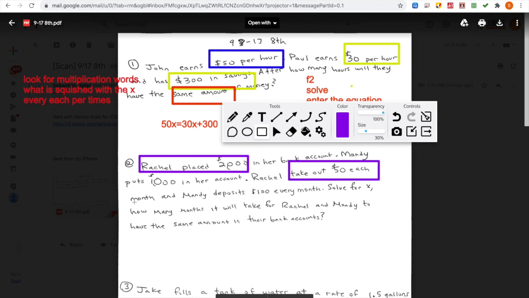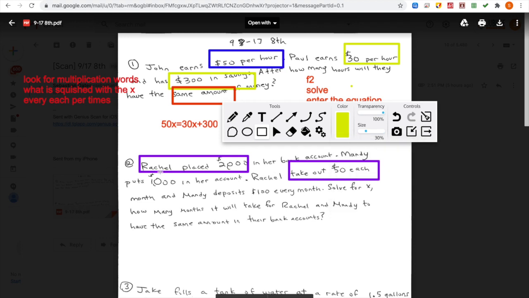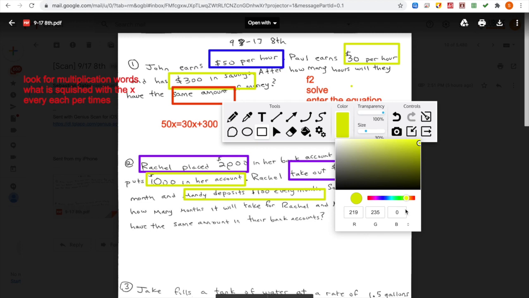So we have that each with it, which means that this is going to have the X with it. So now let's take a look at Mandy's. Mandy puts $1,000 into her account, and Mandy deposits $100 every month. So we're going to solve for X: how many months it will take for Rachel and Mandy to have the same amount.